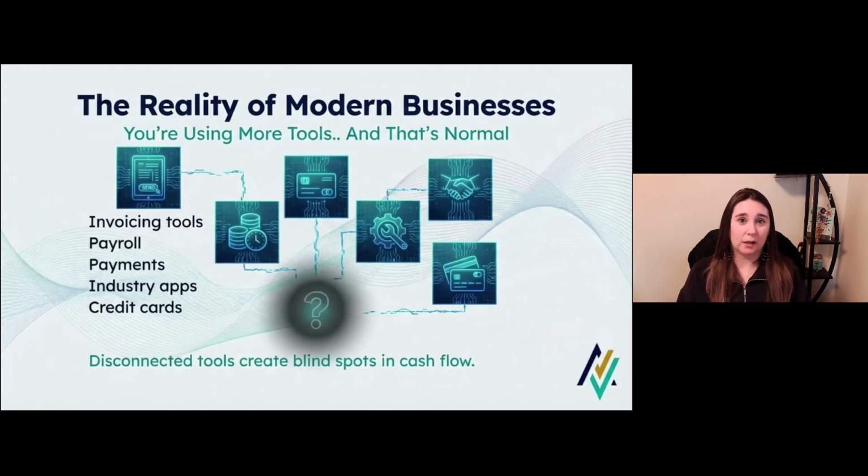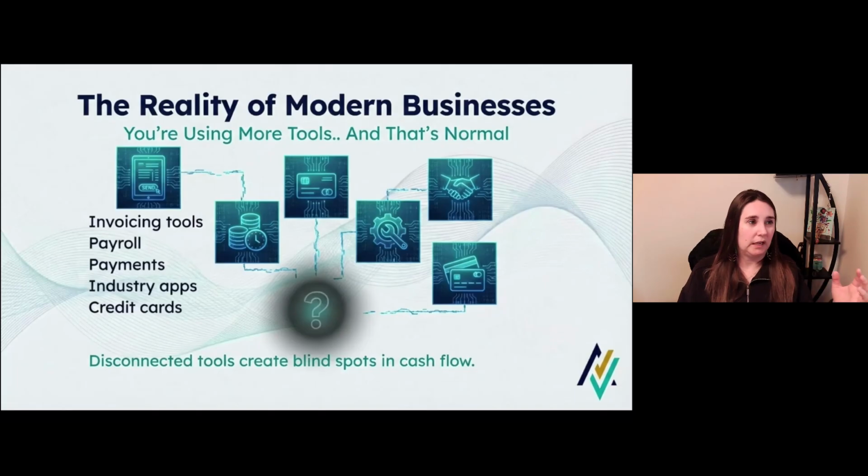In business today, we are using a multitude of apps, which is great because there are some amazing tools out there that can specifically help you. What is important, though, is knowing that when you're using all of these different tools, they cannot all talk to each other, and they're creating blind spots in the visibility of what's happening within your cash flow.